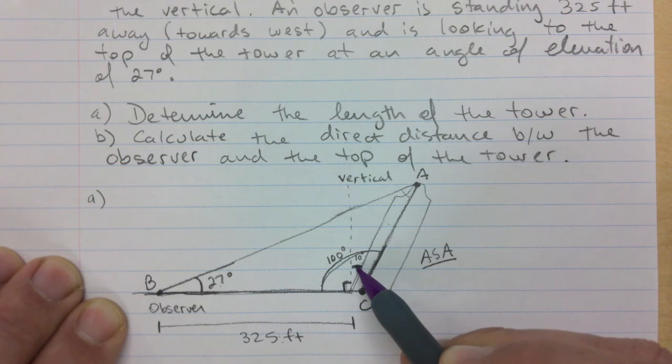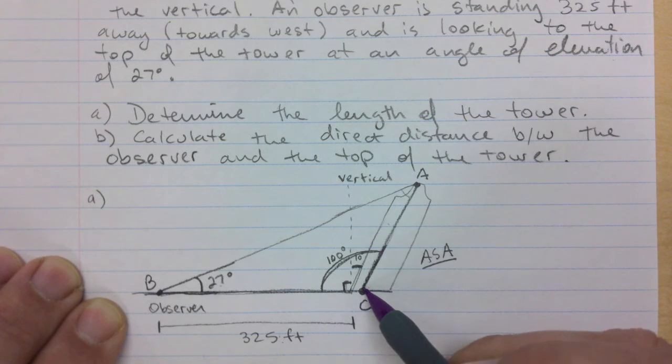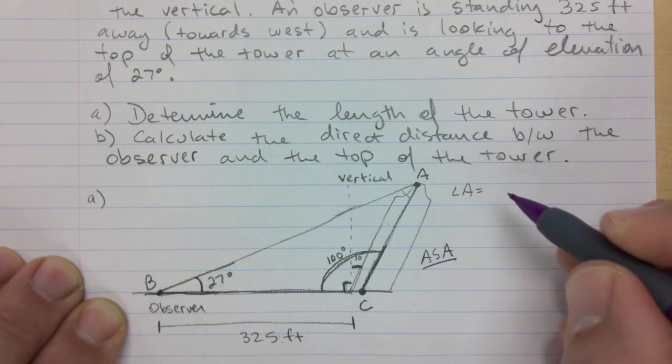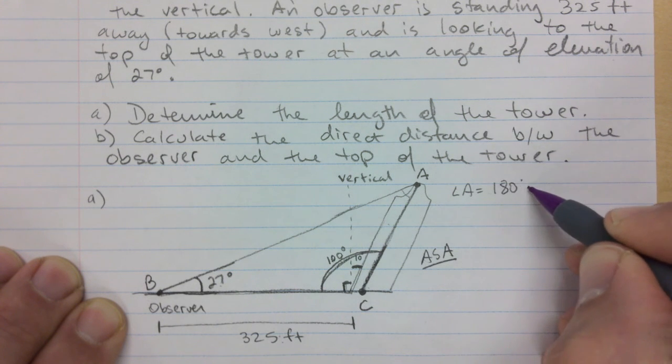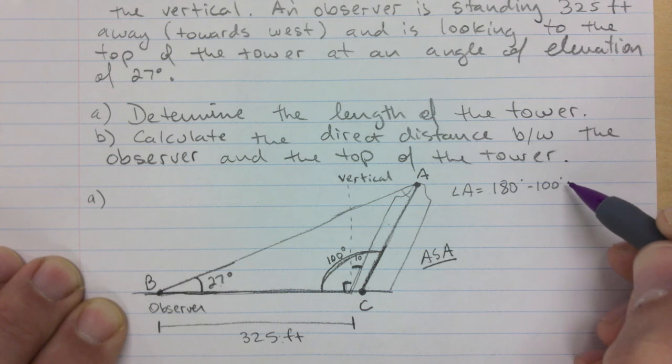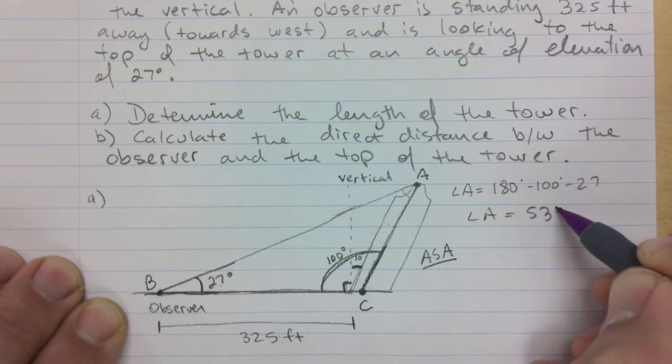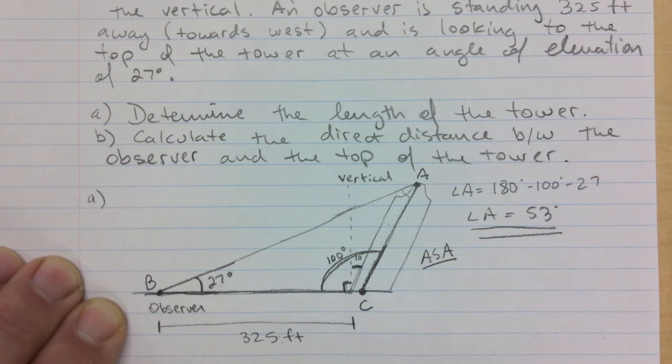It's the same 10-degree slant, so we're gonna just go to the center, so it's 100 there. So angle A is going to be 180 minus the 100 minus the 27. Angle A turns out to be 53 degrees. Very important to us. Now we have a pair.